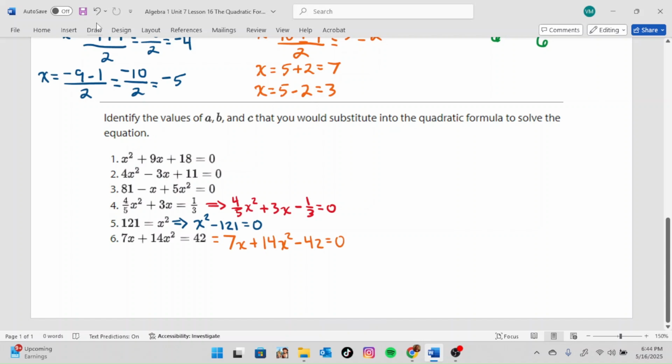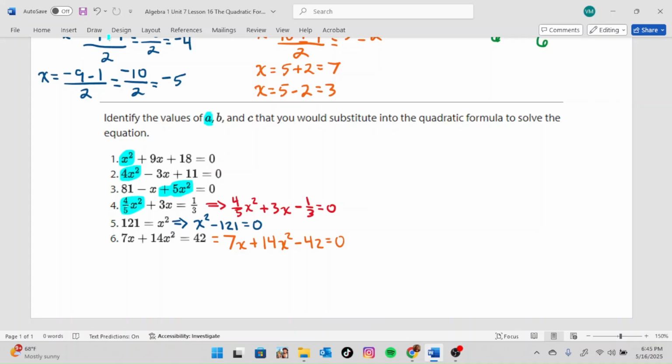Now that we've set all of the equations equal to 0, we can begin identifying A, B, and C. The A term, again, is always the x squared. It does not matter what order they're in.